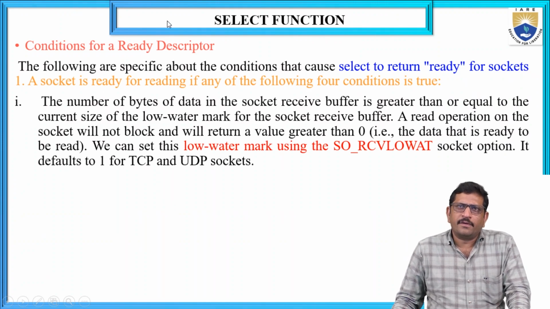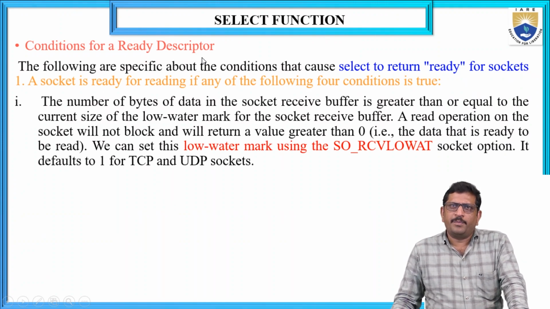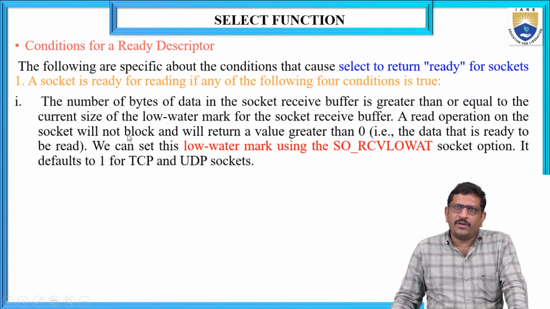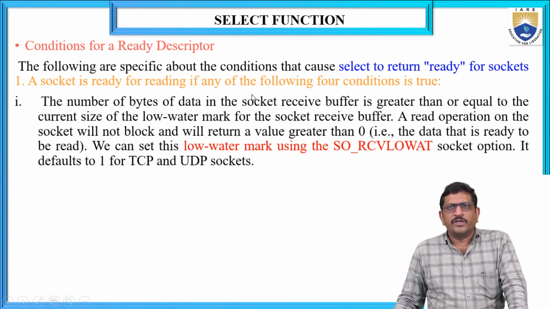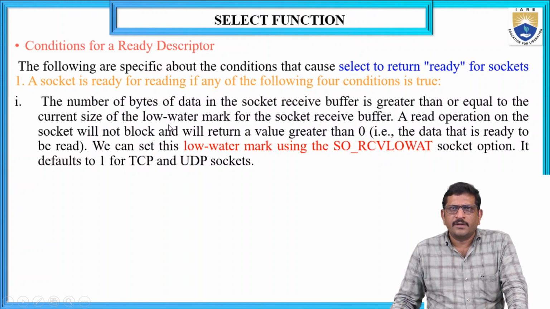Now the conditions for ready descriptors. Generally we use some conditions while using select to return ready sockets. Sockets are used for establishing the communication between the primary device and the secondary device.